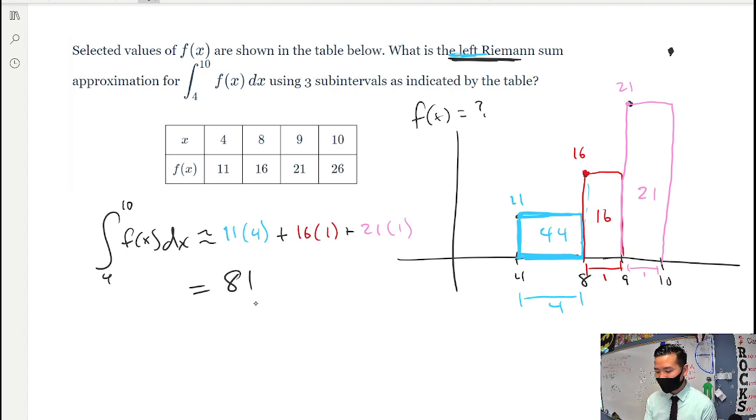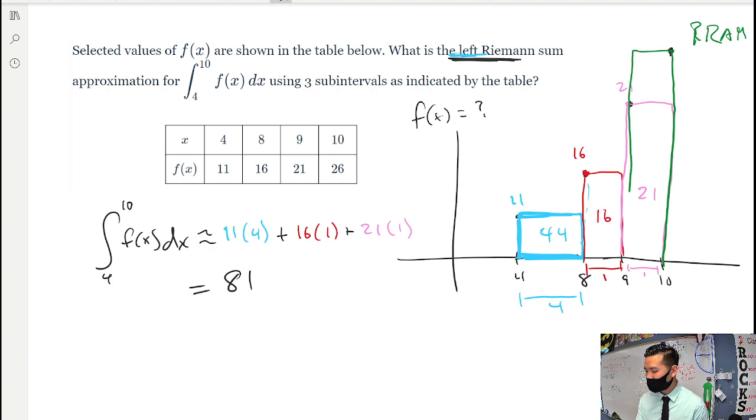81. Now, if I had switched it up on you and said, can you tell me the RRAM of this? It would be these rectangles here.